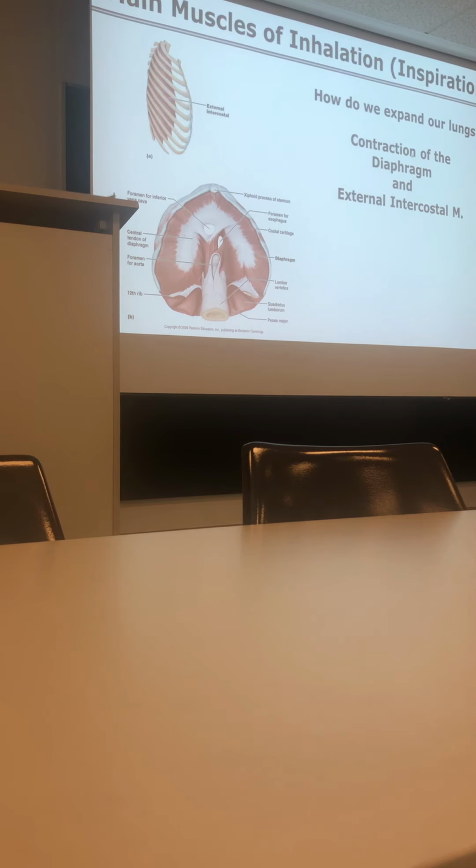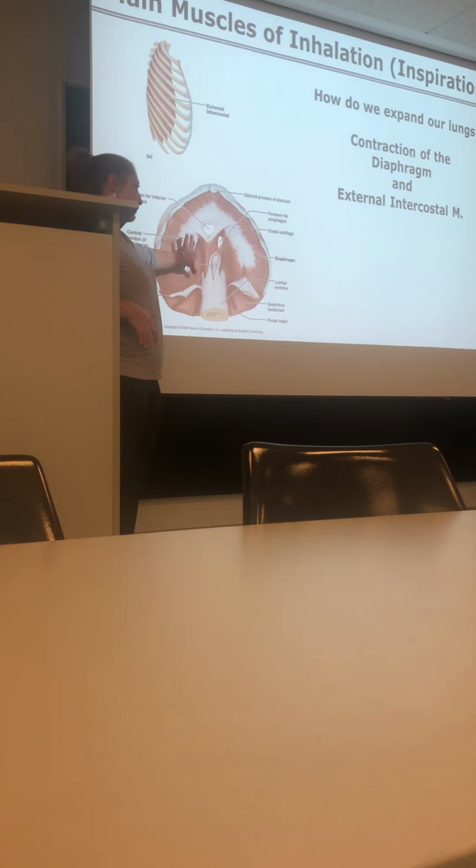Cool. So our diaphragm is located inferior in our thoracic cavity, and because it contracts and flattens, that's how we have inspiration. And this is our diaphragm. We're looking at an inferior view, so you're looking at a person from the feet up towards their head, from the abdomen essentially.